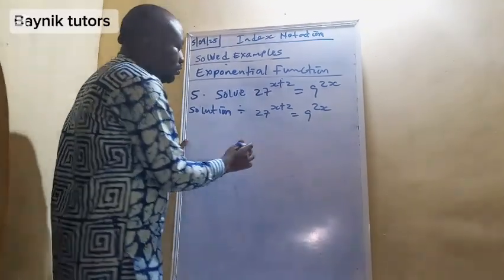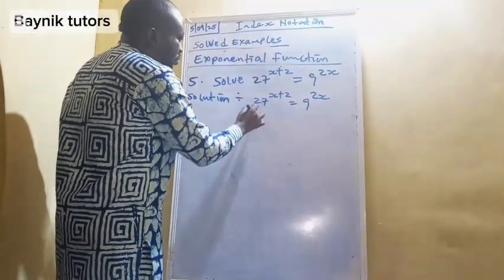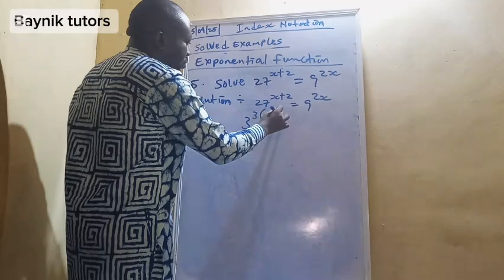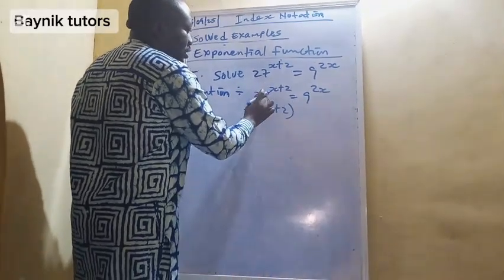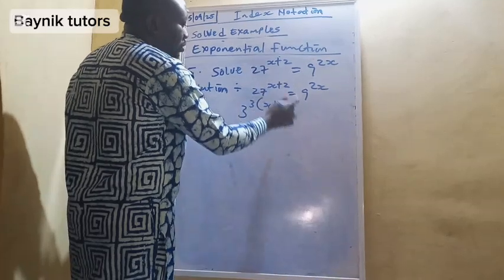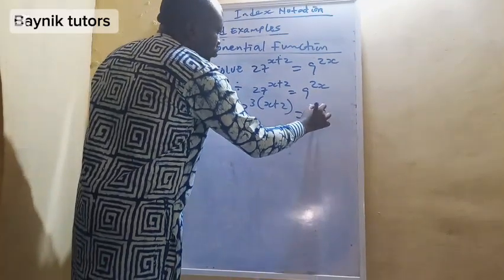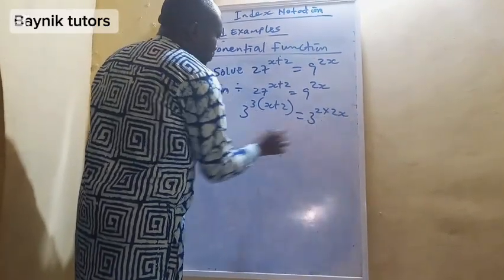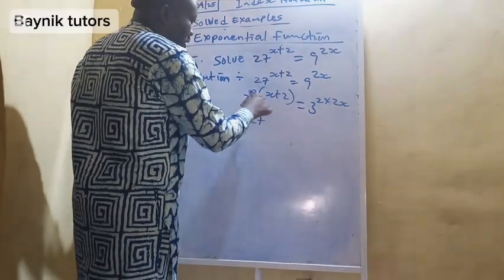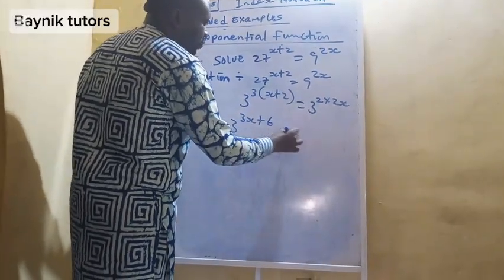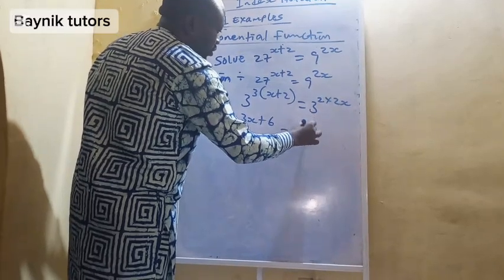Here will now be 3 raised to power 3(x+2). Because we use the 3 from here, to the 3 that has not turned to power to multiply this, it will also be 3 raised to power 2 times 2x. So 3 raised to power 3 times x, 3x, 3 times plus 2, plus this. This is 3 raised to power 4x.